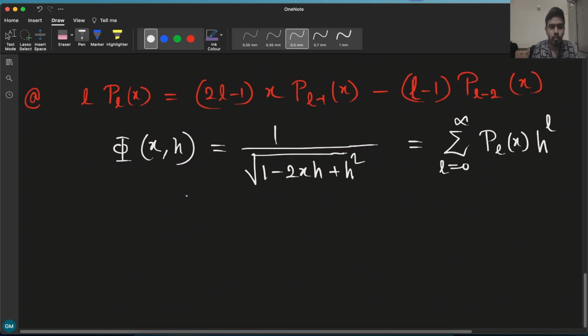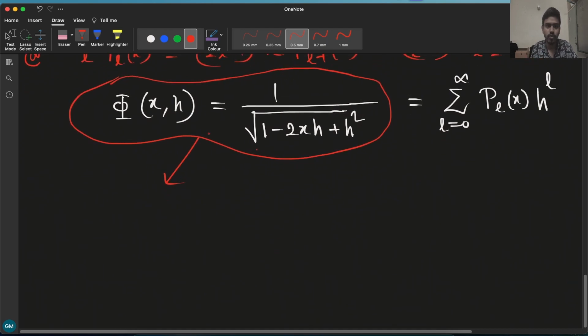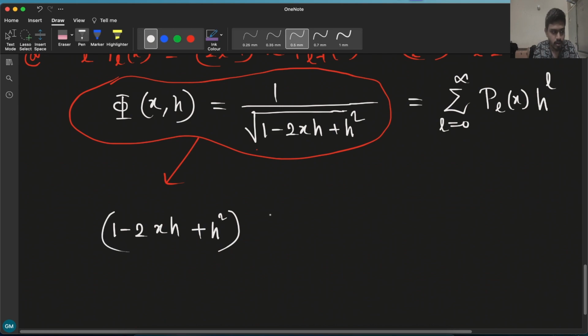Consider phi of x, h equals 1 by root under 1 minus 2xh plus h squared, and prove that (1 minus 2xh plus h squared) times the partial derivative of phi with respect to h equals (x minus h) phi.